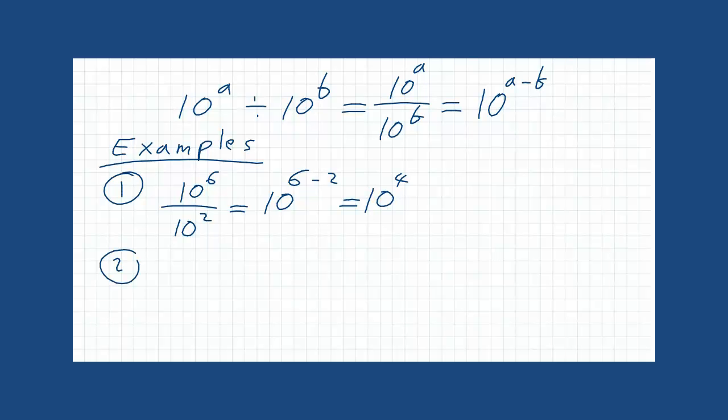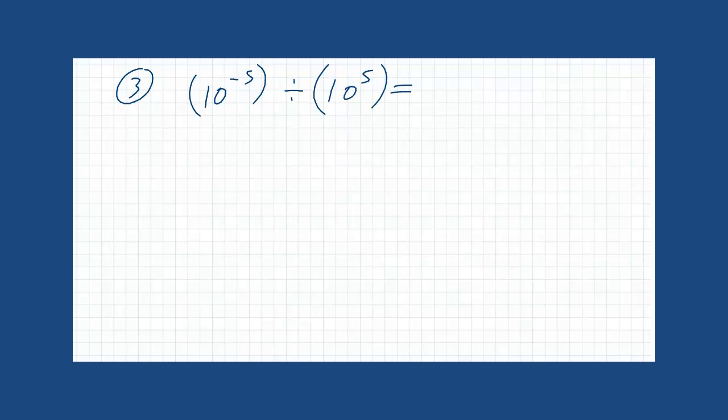Example 2, 10 to power 5 divided by 10 to power 3. It is 10 to power 5 minus 3, which is equal to 10 to power 2. Example 3, 10 to power negative 5 divided by 10 to power 5.